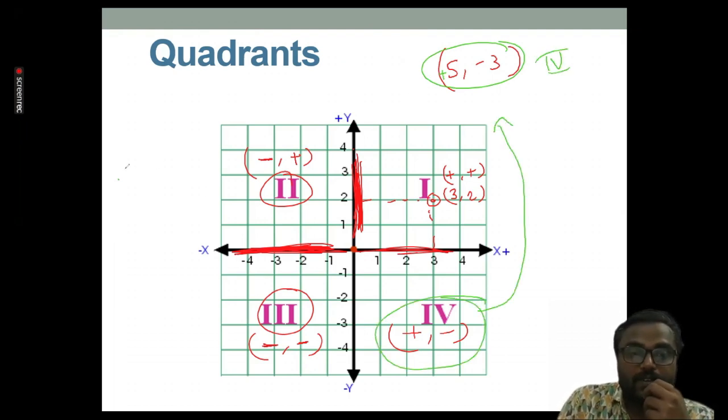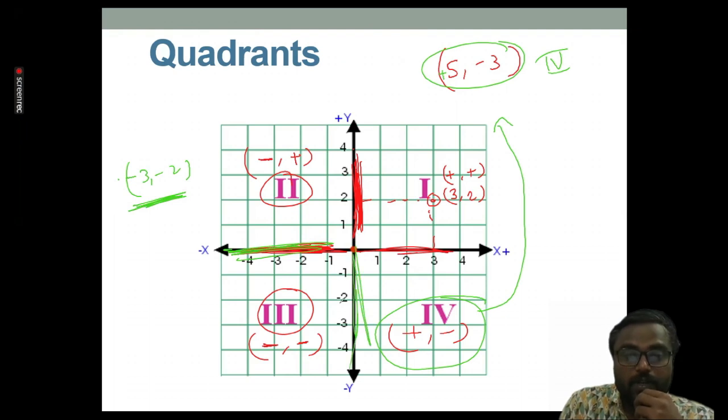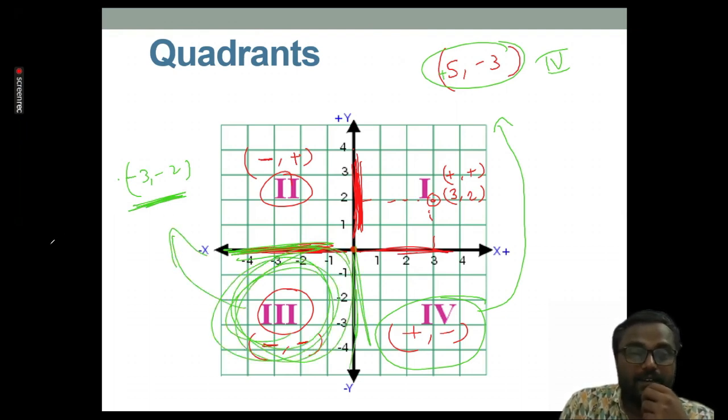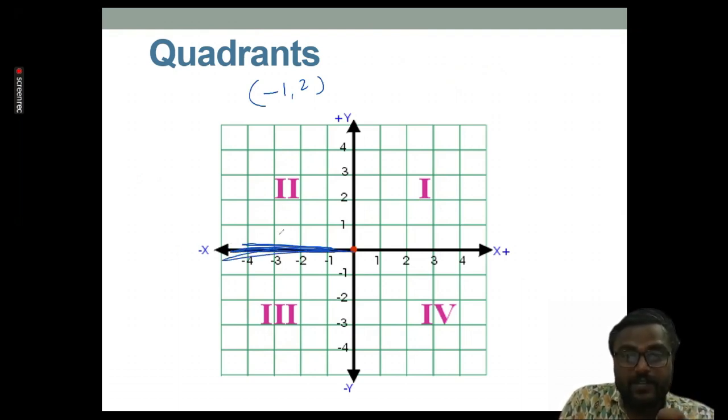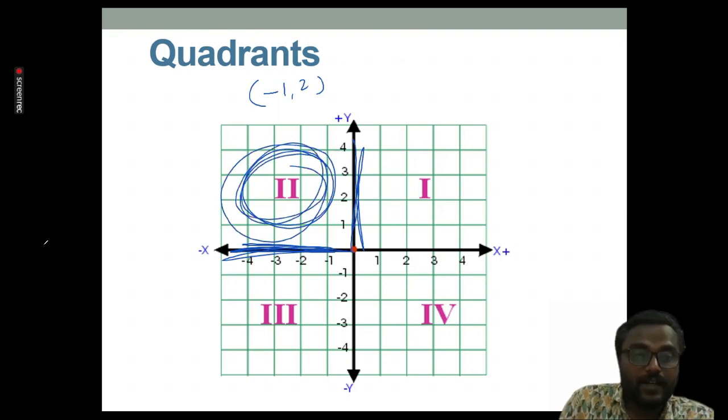If someone says negative 3, negative 2, the x coordinate is negative and the y coordinate is also negative, so this point is going to lie in the third quadrant. Now, where does the point negative 1, 2 lie? It is going to have a negative x coordinate and a positive y coordinate, so it is going to lie in the second quadrant.